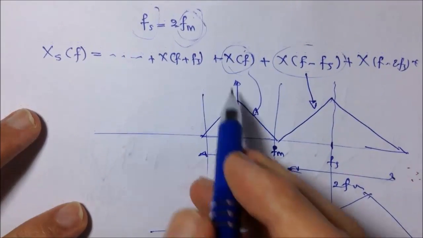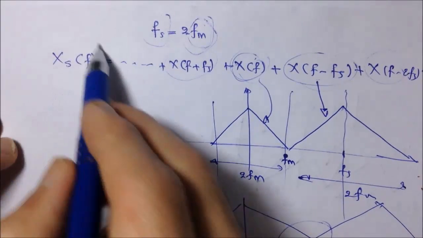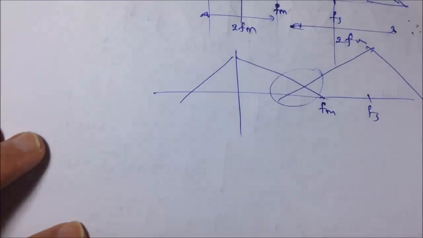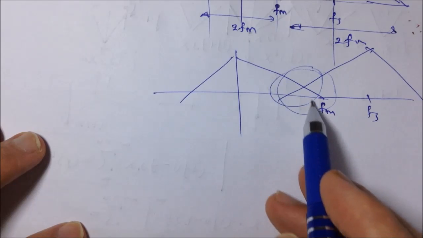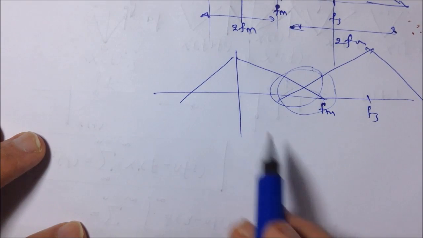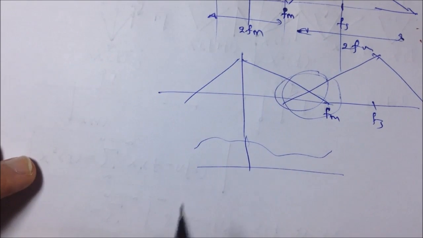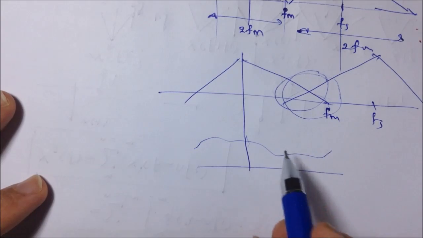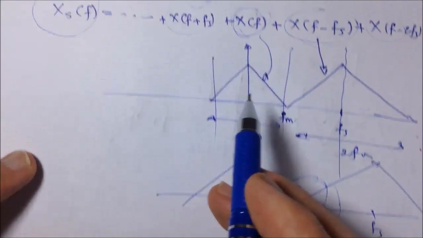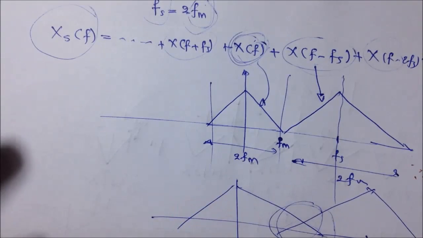And then, remember, we have to add up all these replicas. So you will get a distorted X s of f. These two parts are going to be added up, okay? Then you get a distorted spectrum that has no obvious relation to the original spectrum, X of f. This is going to disappear somehow.